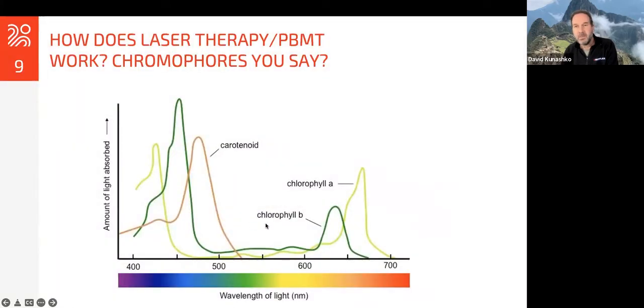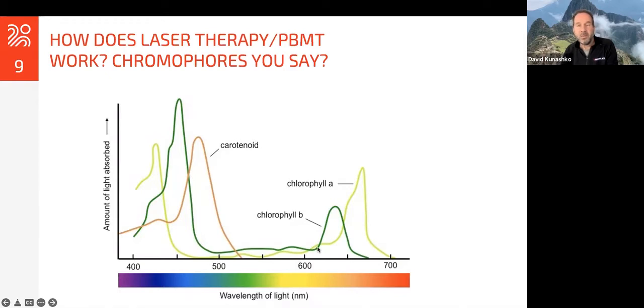If we look at the spectral absorption of chlorophyll, you can see at the very bottom here, it's barely absorbed by green, and then it's absorbed more and more by yellow, orange, and red, and also blue and violet as you go the opposite direction, which is why it appears green.